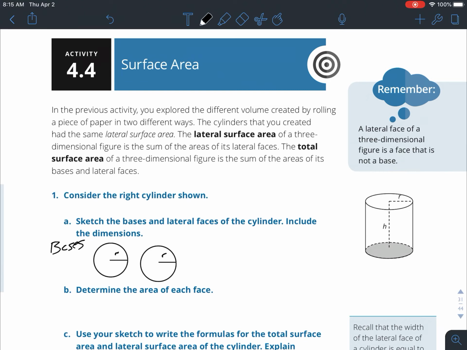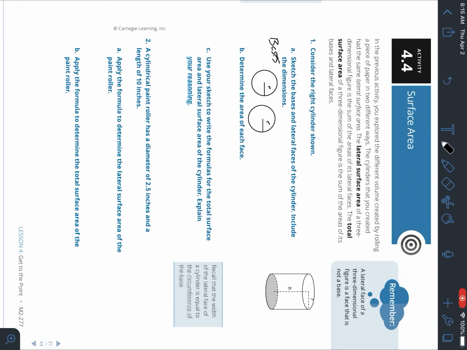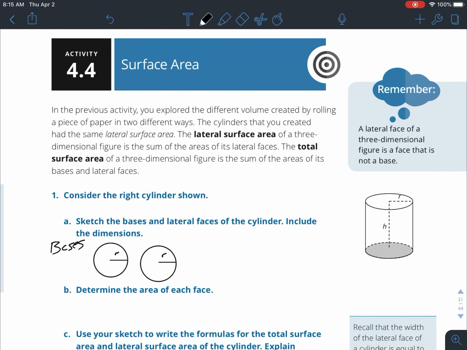Our lateral face. I wish I was in person to be able to show you guys this. But if you hold your iPad up face-wise, and I know my screen just shifted, sorry, and then you spin it around, if you took a pencil around the edge, it'll make a cylinder, a three-dimensional shape of a cylinder. So our lateral face is going to be a rectangle.